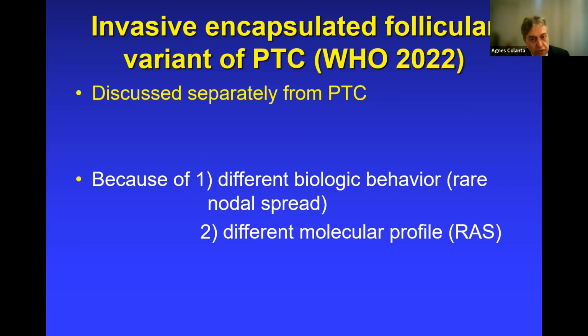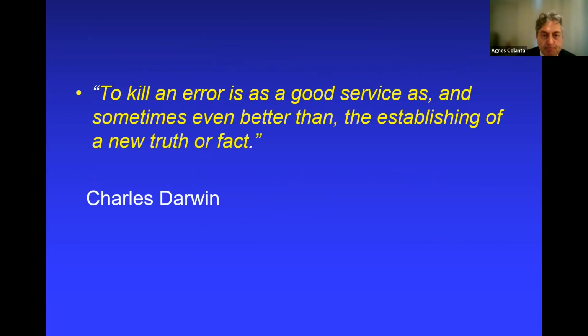It's not under the papillary carcinoma section or chapter. So finally, we're going to close this issue of follicular variant with this statement from Charles Darwin, who said that to kill an error is as good a service and sometimes even better than establishing a new truth or fact.